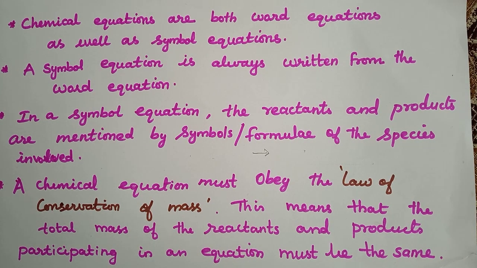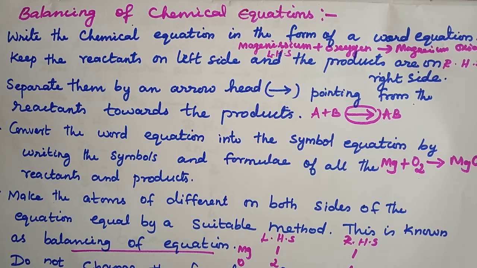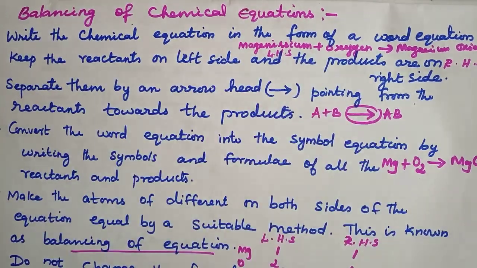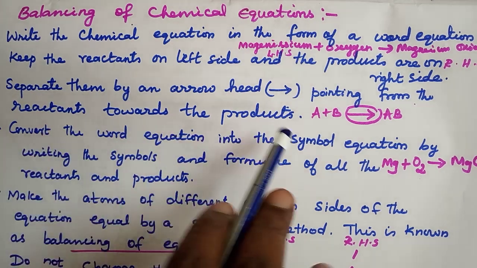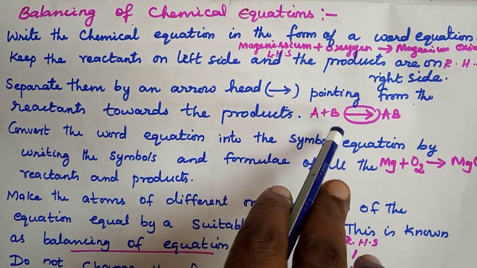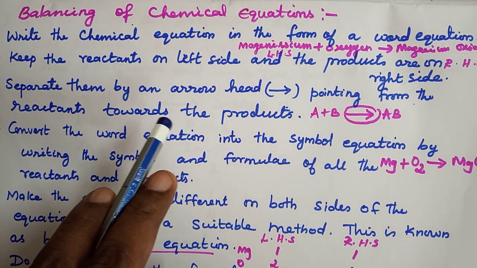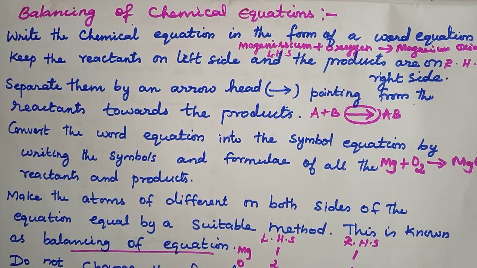for balancing a chemical equation? See, first we have to write the chemical equation in the form of a word equation. From the word equation only we have to write the symbol equation. Okay. And keep the reactants on the left hand side and keep the products on the right hand side. And separate them by an arrow mark, arrowhead pointing from the reactants towards the products.